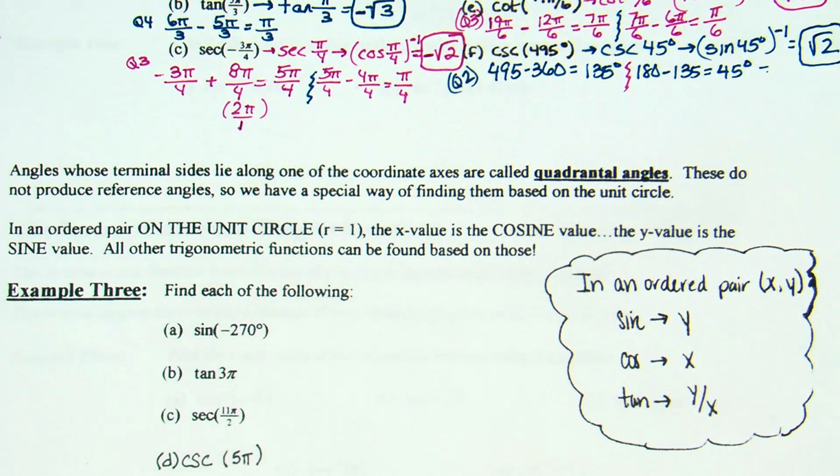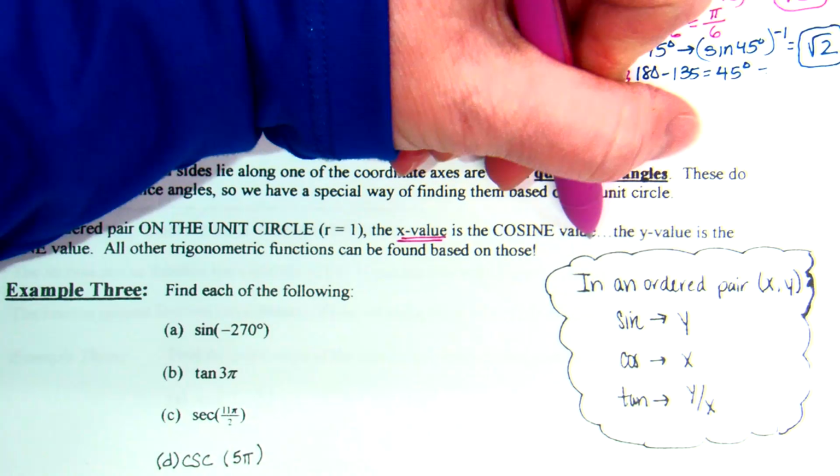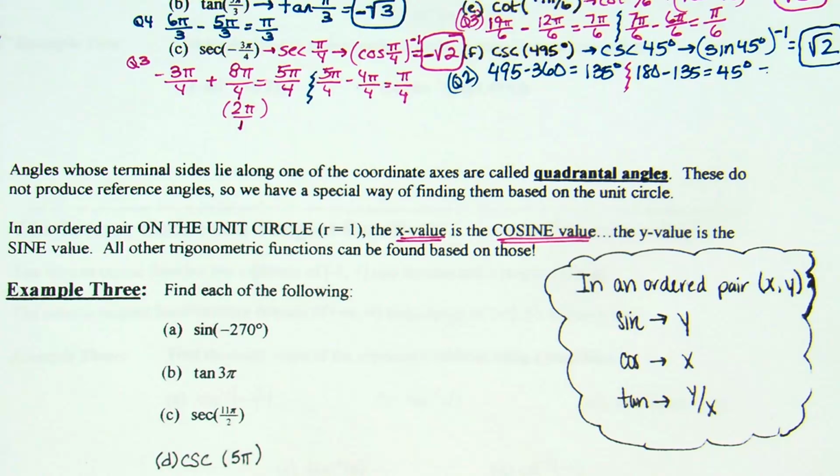Okay, so in an ordered pair on the unit circle, so when the radius is 1, the x value is the cosine value. Someone asked me at one point why I have cosine and sine on my unit circle. And I said, we'll talk about it later. It's later.